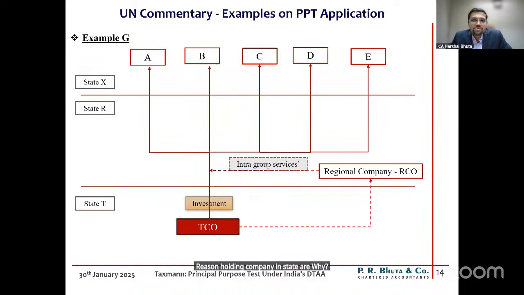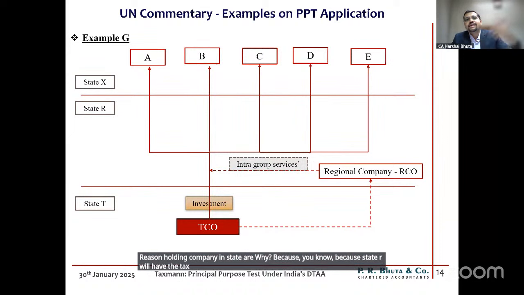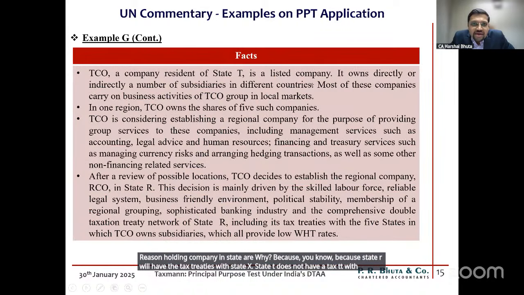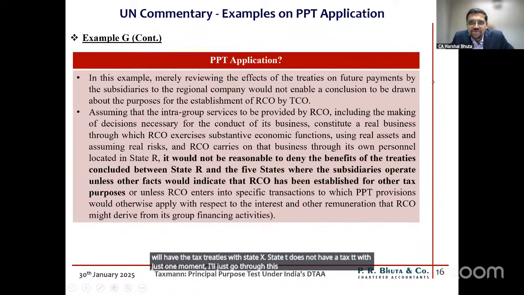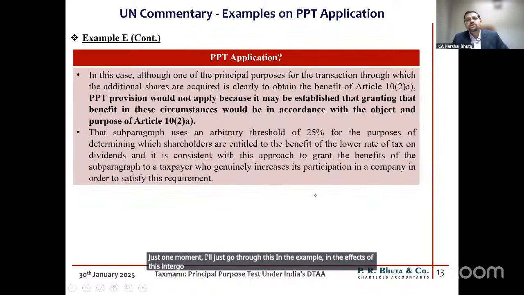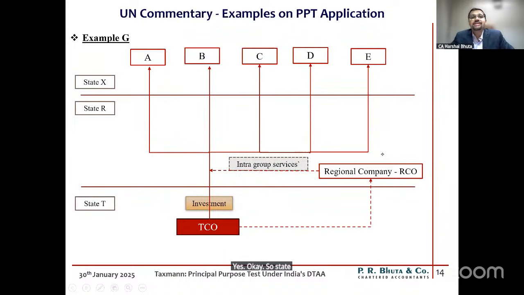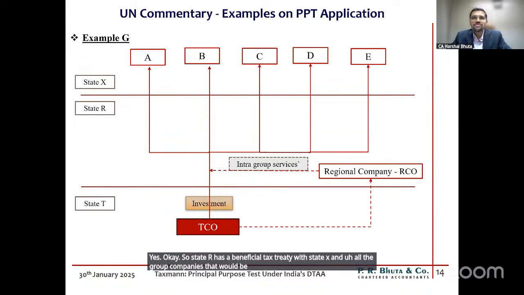Because state R has beneficial tax treaties with state X, and all the group companies in the different states, state R has a good treaty network.